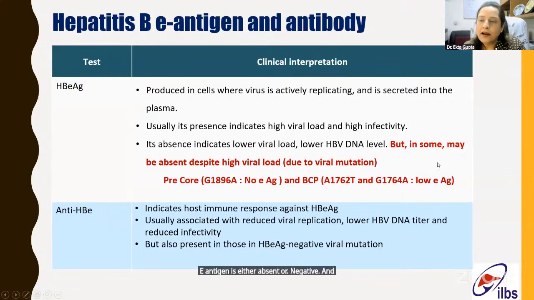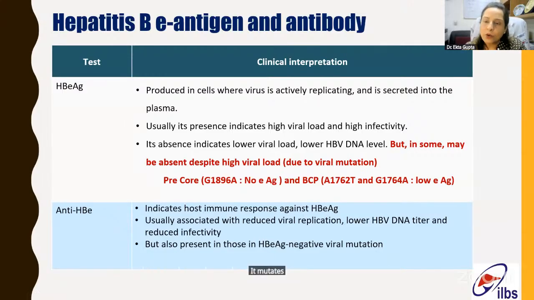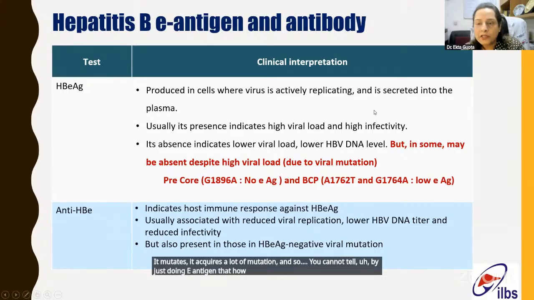In India, 60% of infections are E antigen negative, because the virus is long-standing and acquires a lot of mutations. So you cannot tell how the patient is progressing just by doing E antigen.